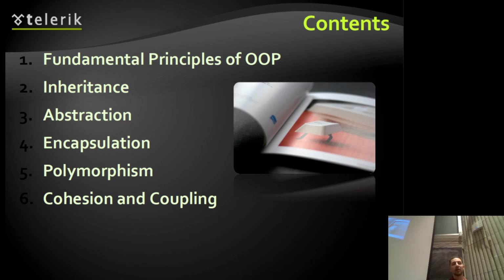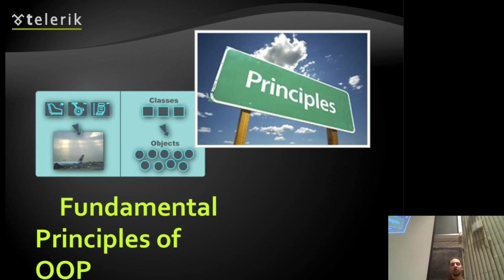Inheritance, abstraction, encapsulation, polymorphism, those are going to show up. Cohesion and coupling are what's going to allow you to keep the job if you get it. These are best practices for programming. So let's talk about these couple of vocab words here.